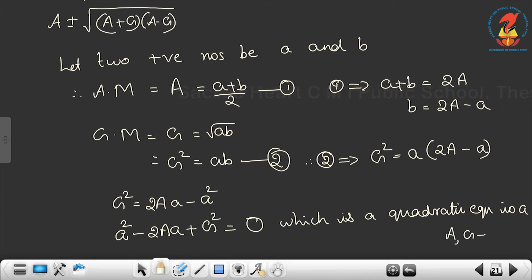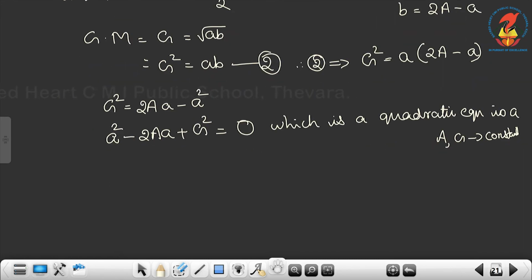Capital A and G, those two are constants. So a is just like x. Now how to solve the quadratic equation? Using the quadratic formula we can solve. So this is just like x square minus 2Ax plus G square equal to 0. You just think of a as x.